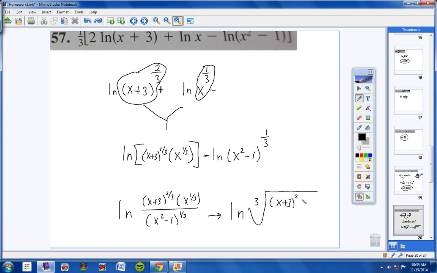And then x to the 1/3, or x to the 3rd, x to the 1. And you do not need to put that 1 if you don't want to. All over x squared minus 1 to the 1 power, which you don't need to put if you don't want to. So you could just leave it like this.